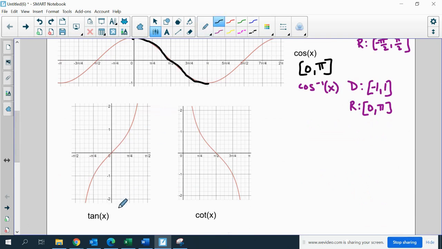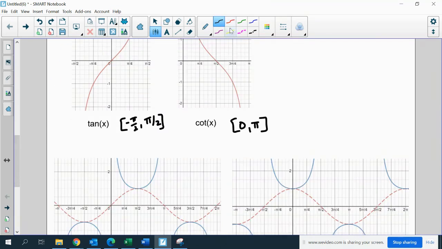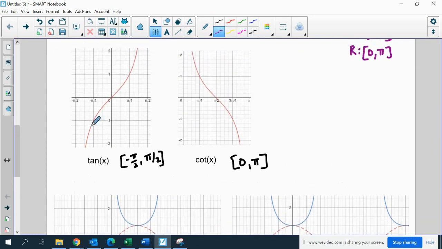Likewise, if we're looking at tangent of x, it goes from negative pi over 2 to pi over 2, and for cotangent of x, when we graph one period, it's 0 to pi. If we're doing the inverse functions of those, the domain for arctangent is going to be the range output of this graph, which is negative infinity to infinity, because there are no values that end up being restricted in the range of tangent.